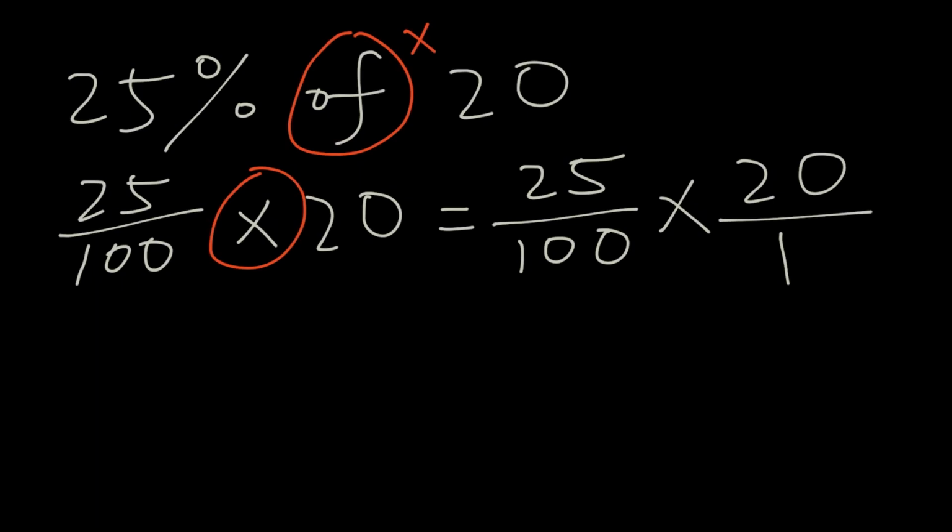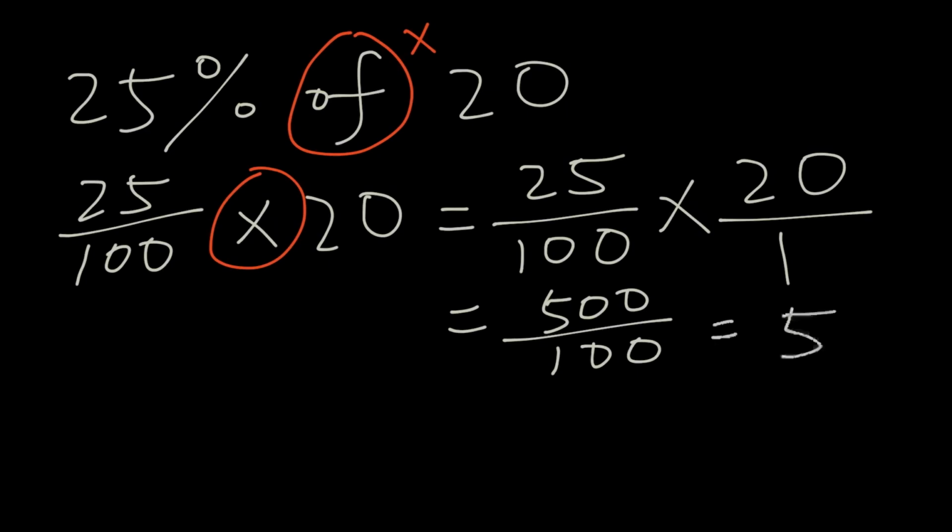And whether you want to just times it directly or use a calculator to calculate this, you could get 500 over 100, and that equals to 5. Now, what if you want to simplify before you multiply? You can do that as well. So we could look at it like this.